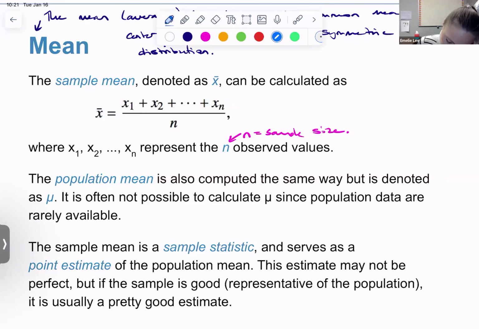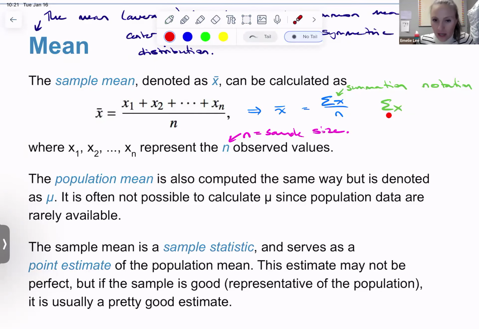Another way that we could write this is that X bar is the sum of all the X's divided by N. This is summation notation, where the sum of X uses a capital sigma.